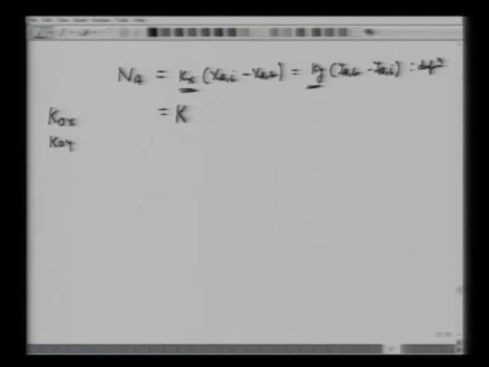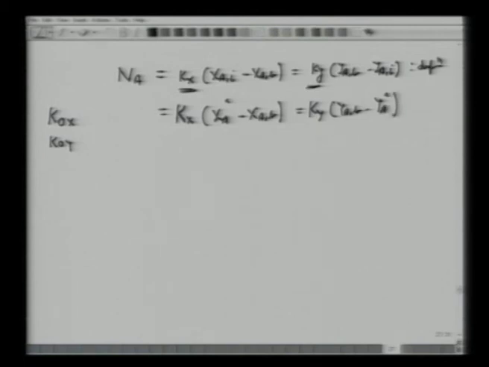So maybe we draw slightly bigger here. This is your kx. Now we can define capital Kx as (XA star minus XAB), equal to capital Ky (YAB minus YA star).